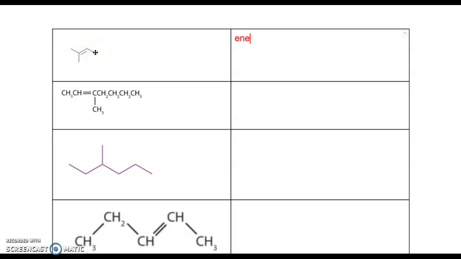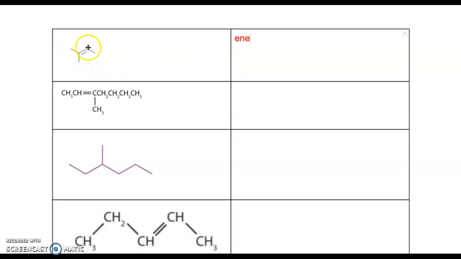Let's start with this one. 1, 2, 3, 4. The double bond is going to be at the second carbon, but the methyl group is going to be on your third carbon, which is not really desirable because you want to have the smallest numbers possible. If we count from this side? 1, 2, 3, 4. The same way if you were counting from this carbon. So it doesn't matter. Each way you want to go, it's still going to have the same name.